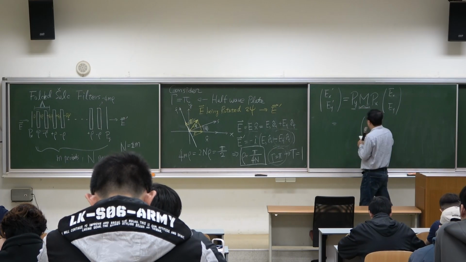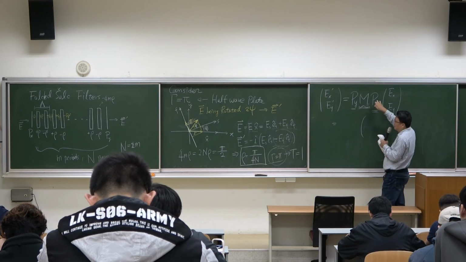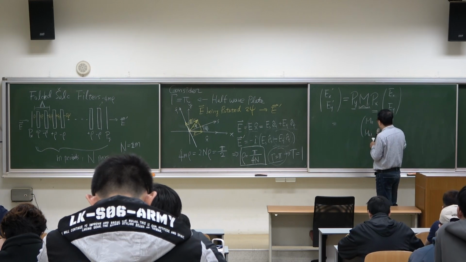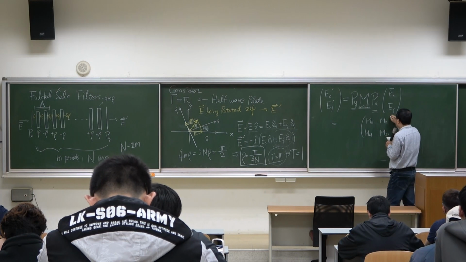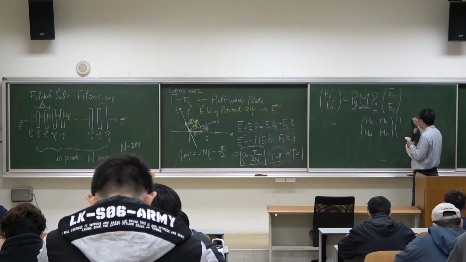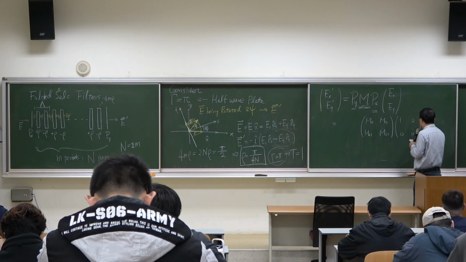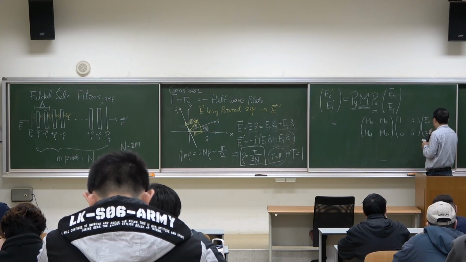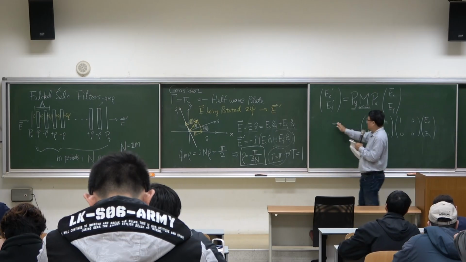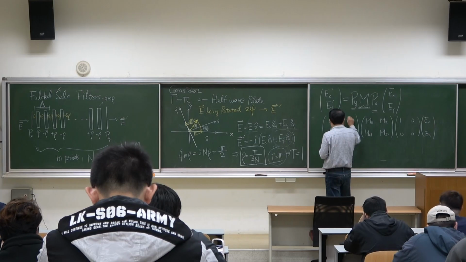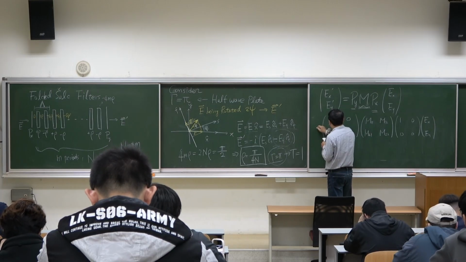Suppose I write the final result, the M matrix, as M11, M12, M21, and M22. And we know that Px is 1, 0, 0, 0, and here we have Ex, Ey, and this is equal to 0, 0, 0, 1.